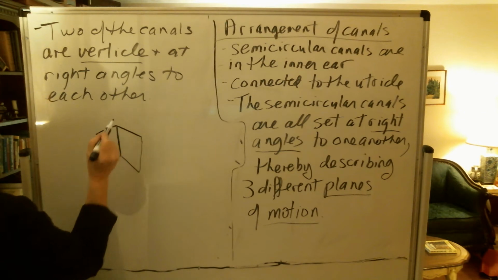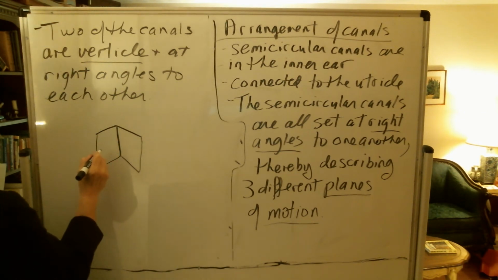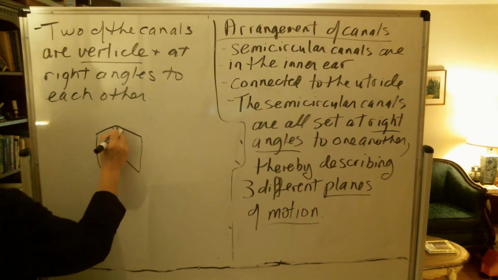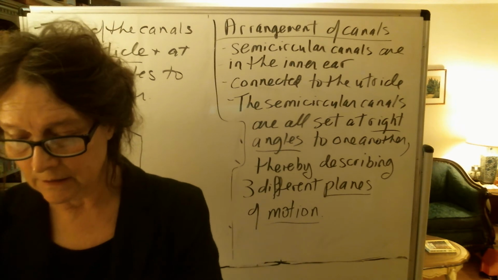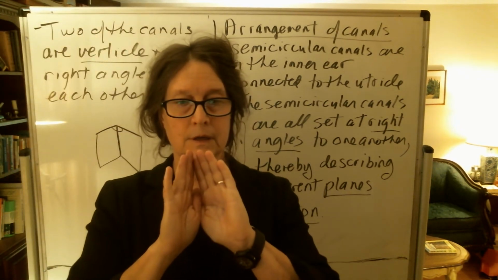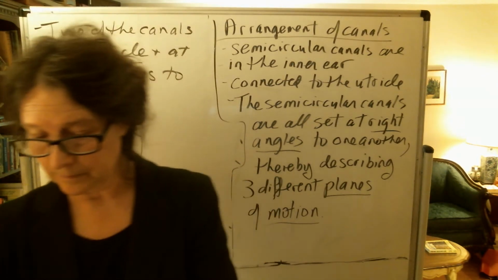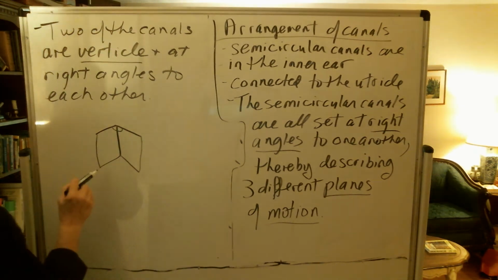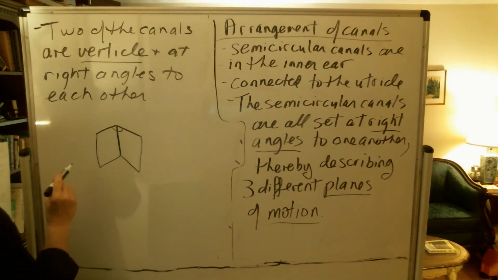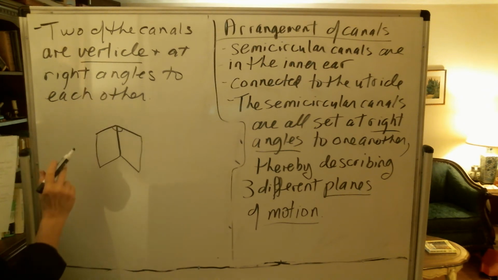And this then is a right angle here. There's also the table that it's standing on. So we have two of the canals vertical and at right angles to each other.